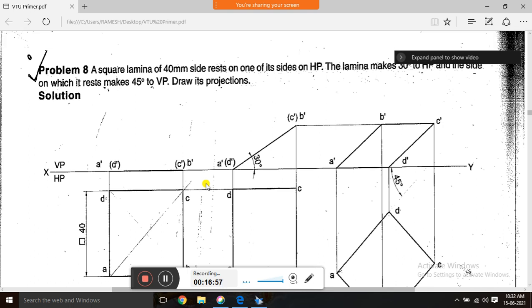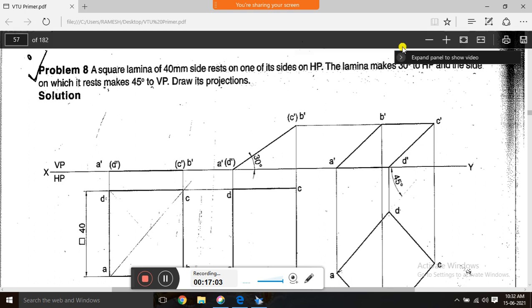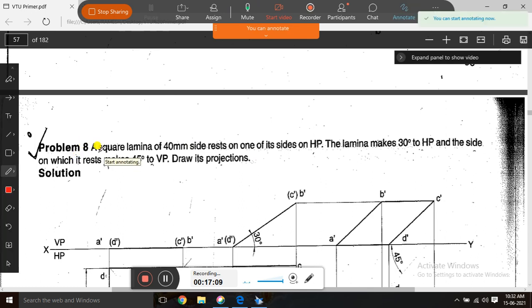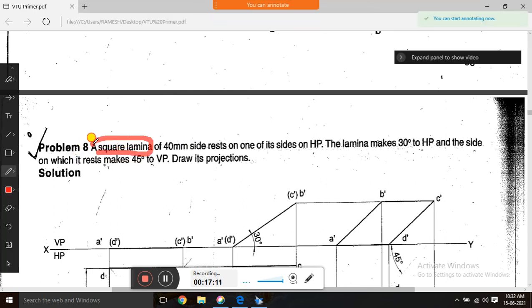Take the first problem: a square lamina of side 40 mm. First you have to identify that it's a square lamina of 40 mm side. One of its sides means it's the edge condition, and on HP means it rests on HP.